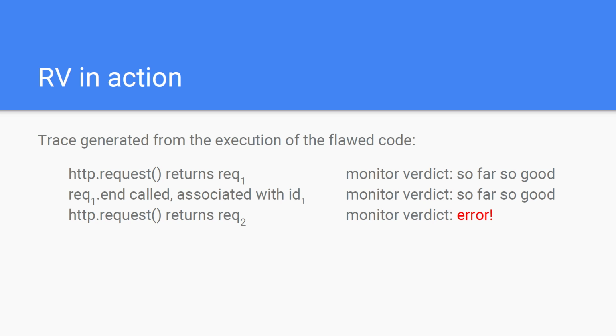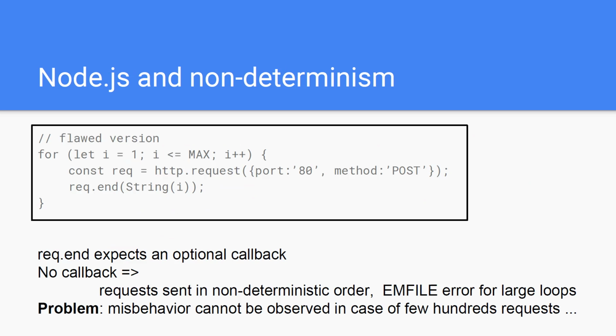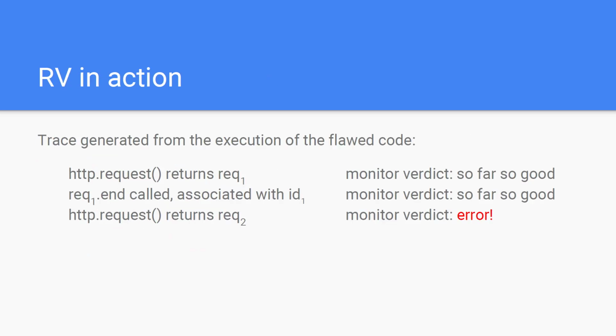You just have a request, then you send the request by calling the end method, and again the monitor says, okay, so far so good, and running the file. But then you don't have any callback here, because there is no callback. So no callback will be executed, and in the loop, the next event that will be registered is the call to the request again, and then you have an error.